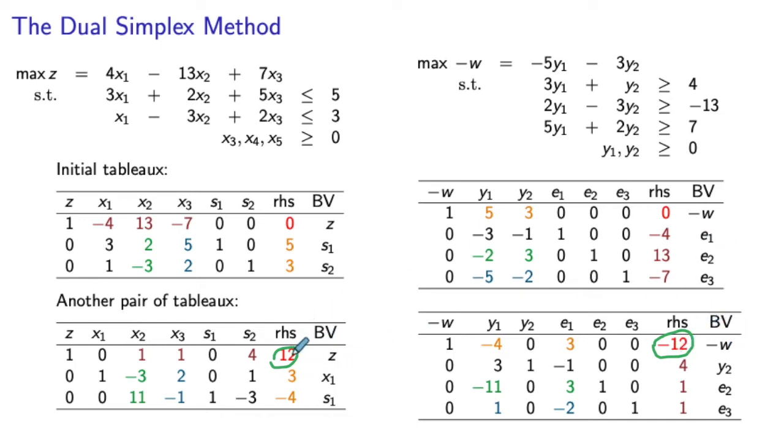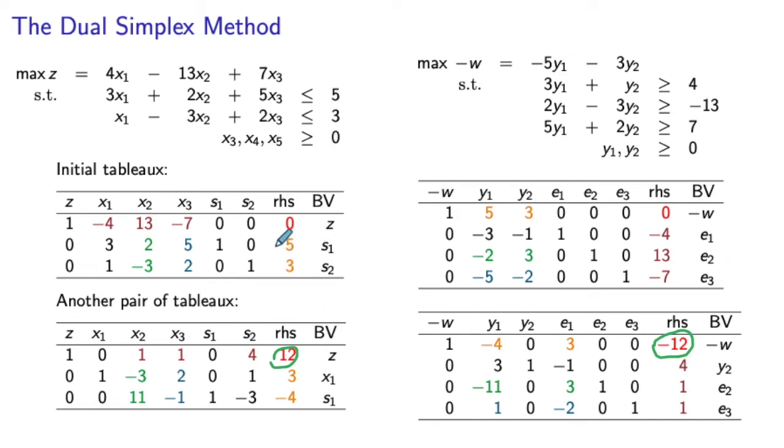So since the objectives of the primal and dual match, we could claim optimality as soon as we have the feasibility for both primal and dual. But so far, considering these pairs here, we had the feasible tableau for the primal, but infeasible for the dual, and therefore, even though the objectives match, we could not claim optimality for either of the two.